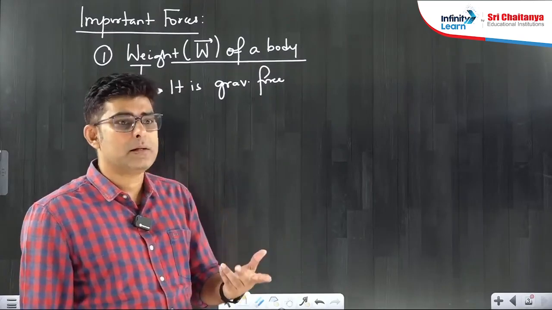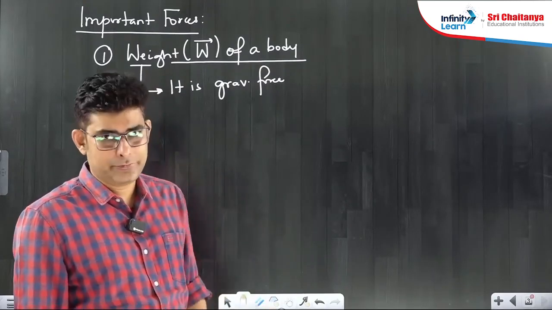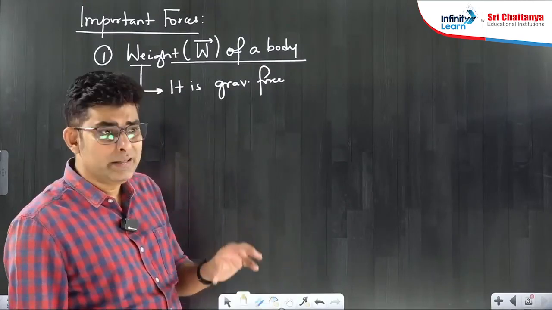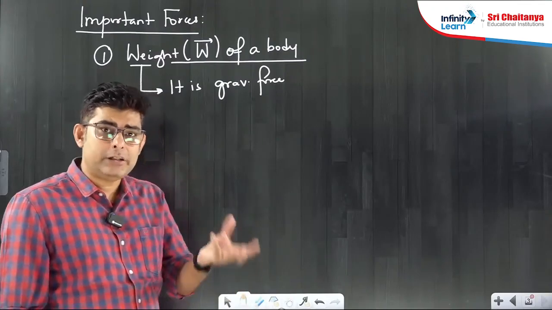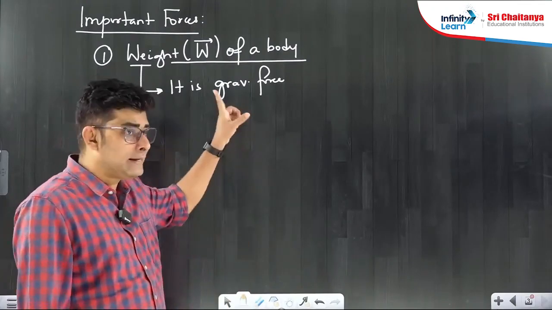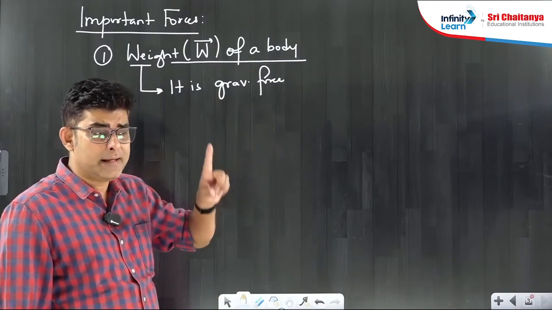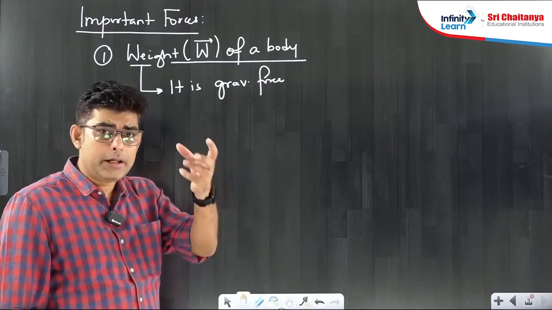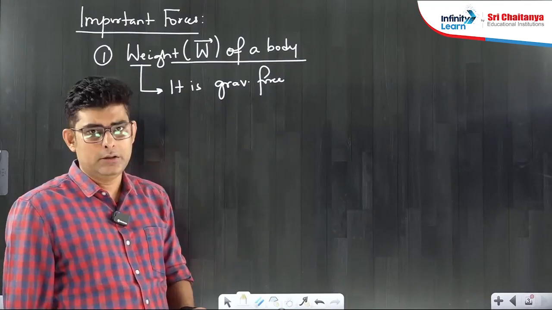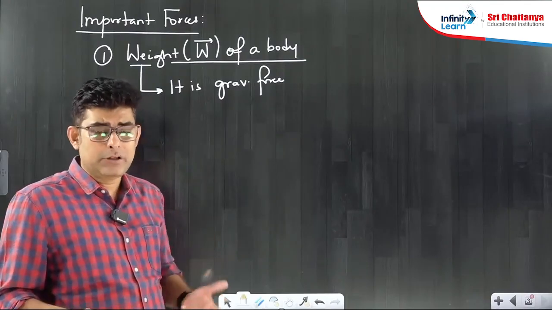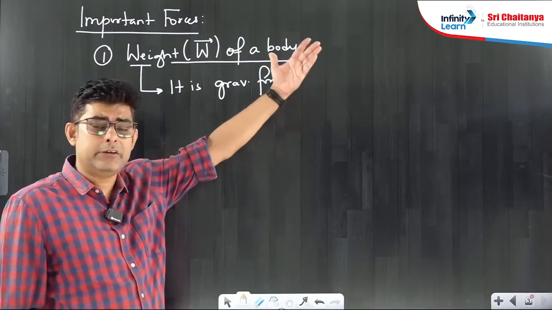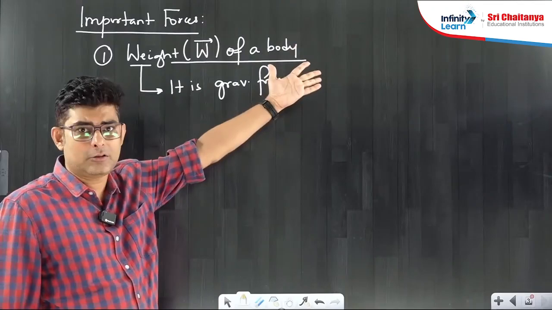I am not a person to exert my weight on myself. No particle in the universe can exert weight on itself. It is an external force which is exerted by Earth or any planet on a given body. Now since we are on Earth, we are not stationed anywhere in any other planet or any other solar system.